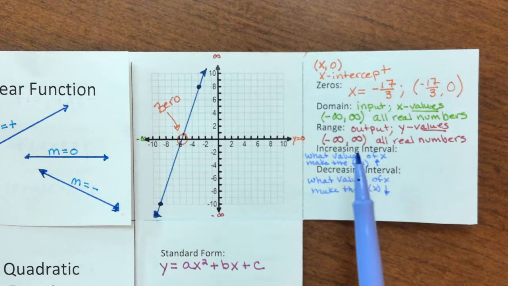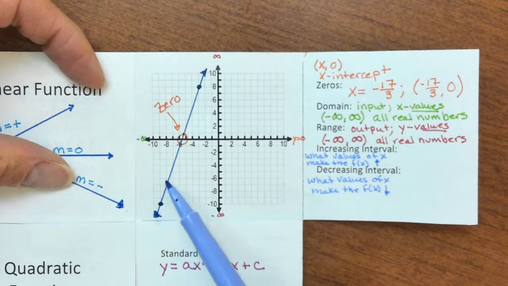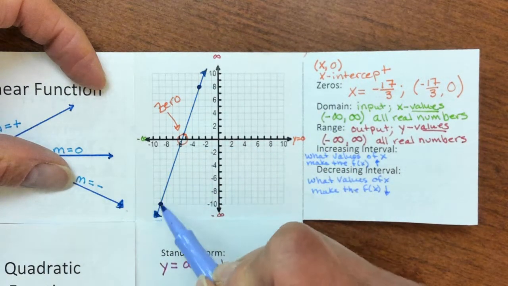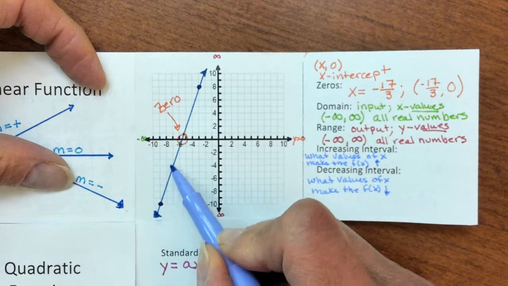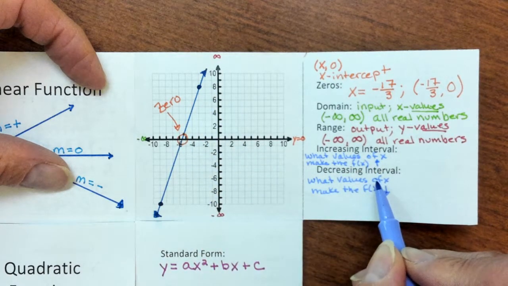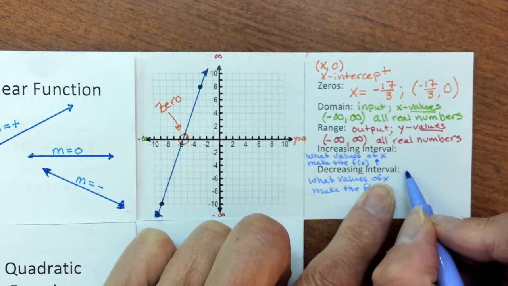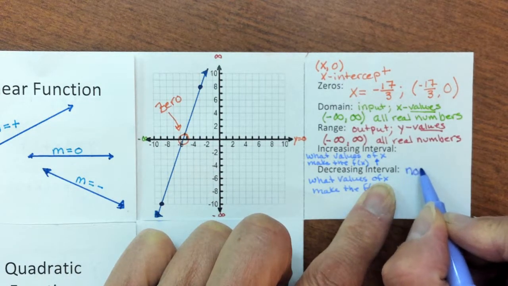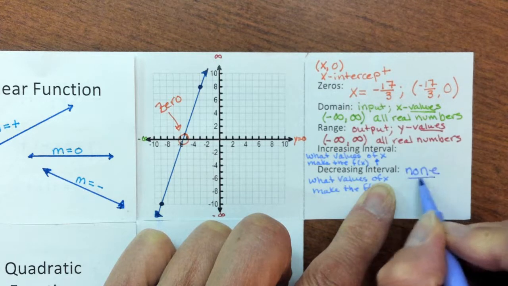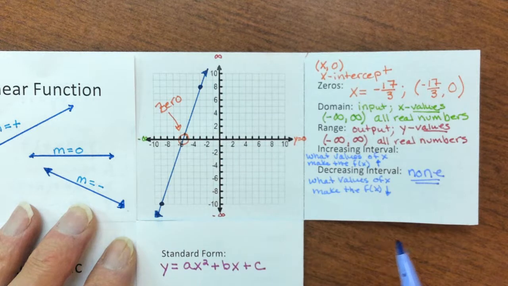Okay? You can also think of this as positive slope, negative slope. So when I'm looking here, I can see as I'm going left to right, I'm always going in a positive direction. So I don't have a decreasing interval at all. So for decreasing interval, I'm going to write none. There is no decreasing. For this line, it has always increasing.